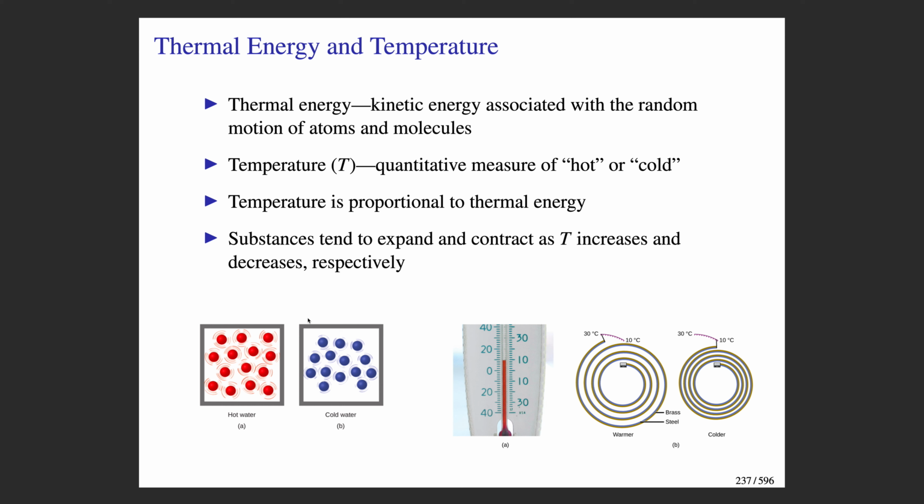And so the hotter the object is, the larger its temperature, the more thermal energy the sample has and the faster the atoms are moving. And so that's represented in this cartoon here. If you have a colder object, that means it has less thermal energy. That means the molecules are not moving as quickly on average. They have less kinetic energy.